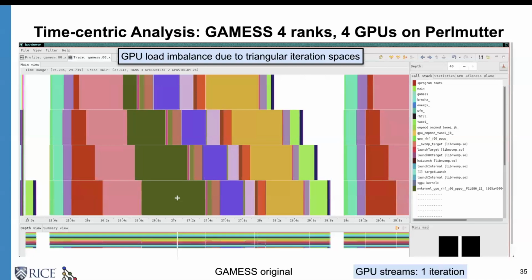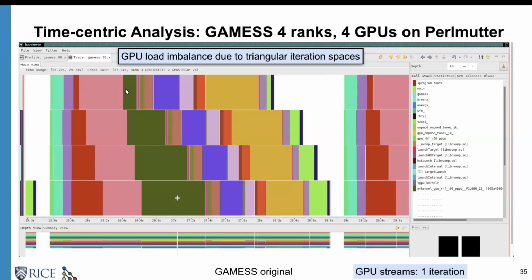You can immediately see that there are some problems. You see these bands of color, and the bands of color indicate a procedure that is active on a GPU. You can see the amount of green work that's being done. This is the kernel they call their J06 kernel that performs some sort of calculation in their quantum chemistry code.